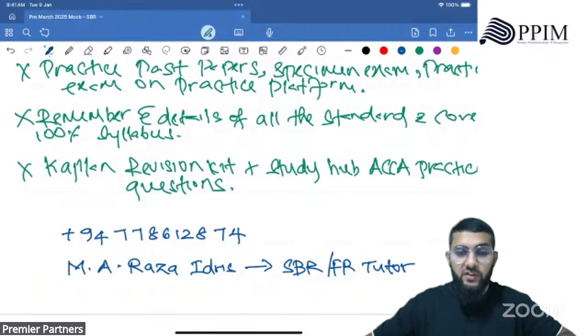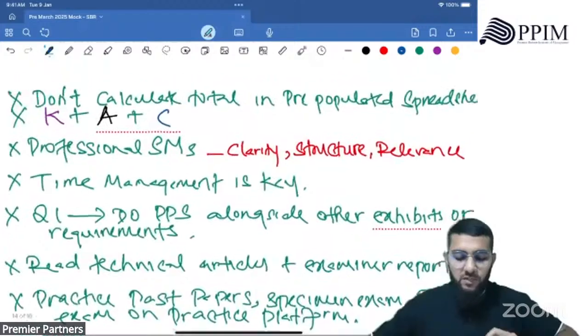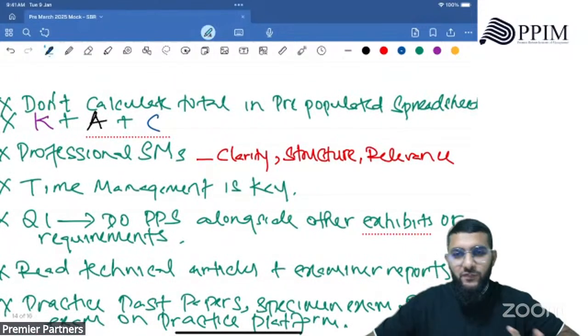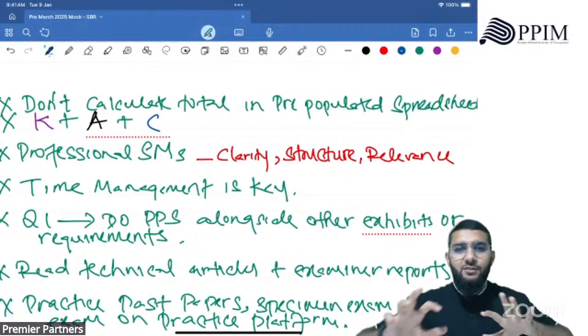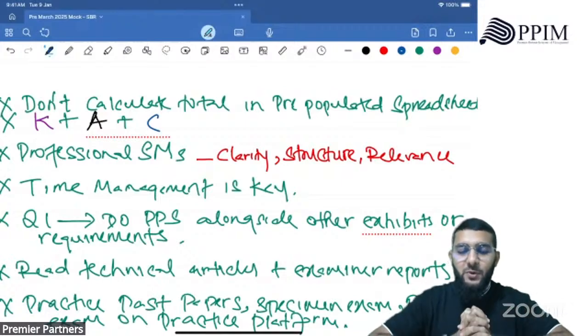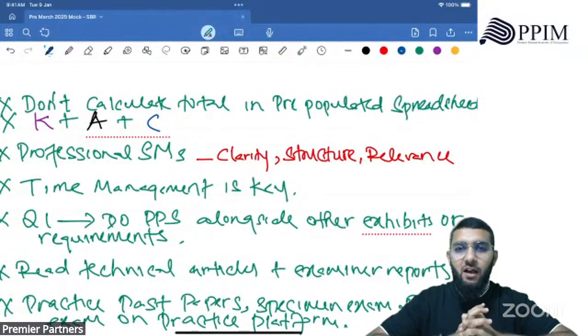Wishing you all the very best and looking forward to seeing y'all get through with flying colors. If you remember the tips and practice well, you are definitely going to get through. 50 marks is not impossible. All the very best once again. With that, I conclude the pre-March 2025 mock paper discussion of question 1, question 2, and question 3 of SBR.